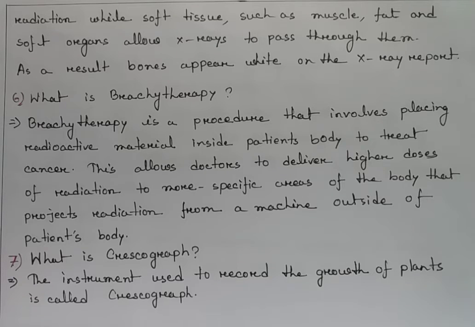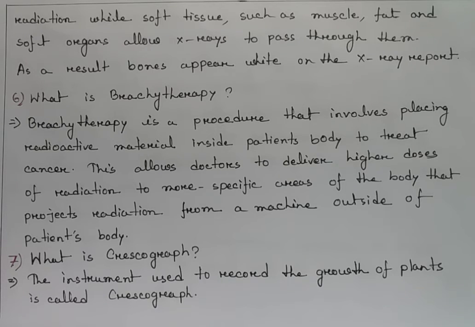So our next question, what is crescograph? You have known about this word. Crescograph was invented by Sir Acharya Jagadish Chandra Bose. The instrument used to record the growth of plants is called crescograph, and for observing the rising of a tree, that means a tree has life.